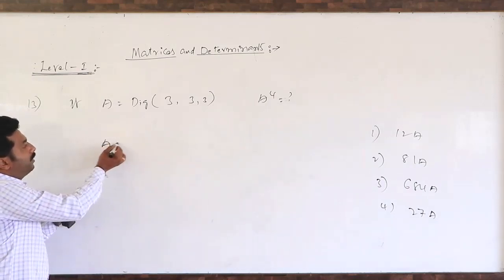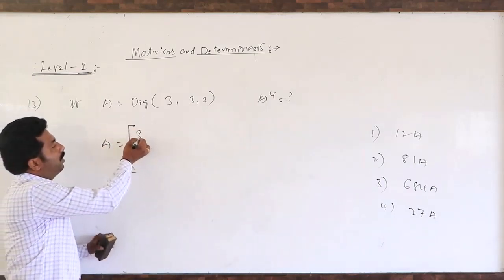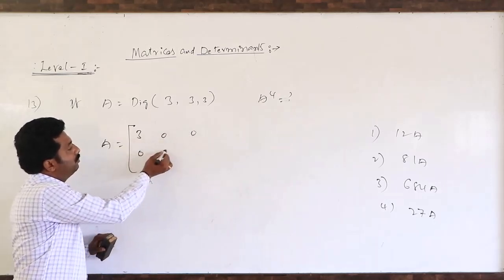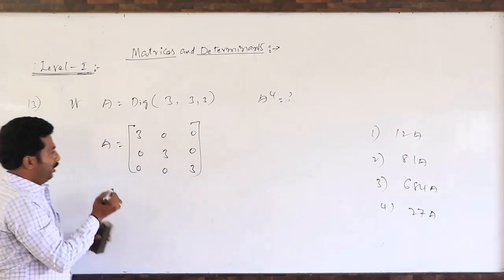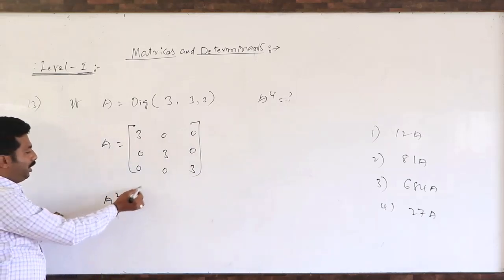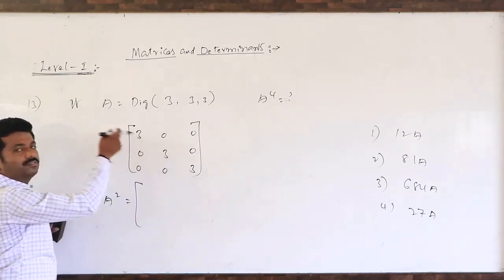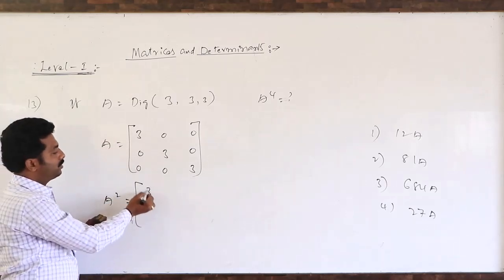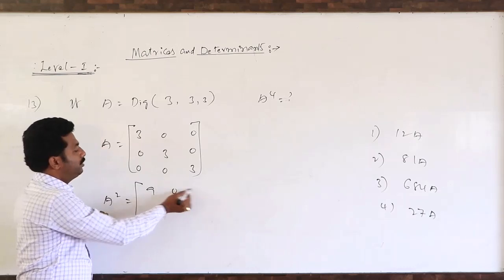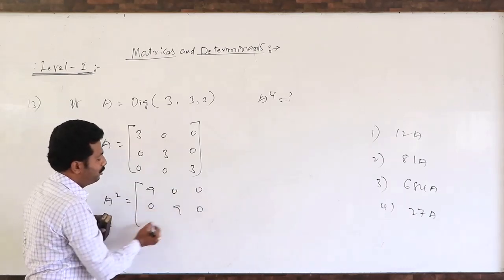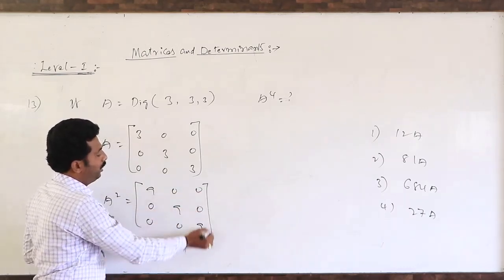So A is a diagonal matrix means elements are 3, 0, 0, 0, 3, 0, 0, 0, 3. So very clear. A square means square of the principal diagonal elements, 3 square nothing but 9. So this is 9, 0, 0, 0, 9, 0, 0, 0, 9.